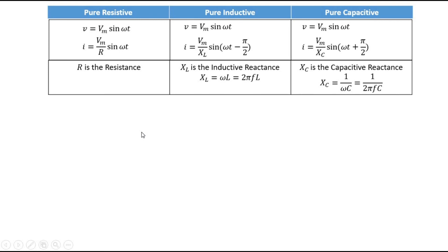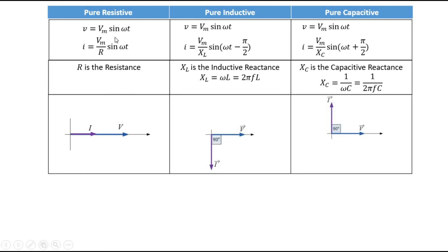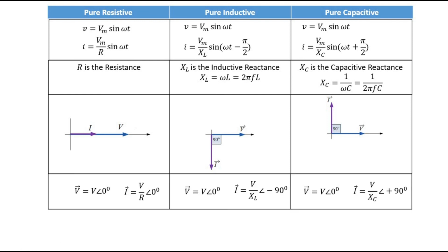Comparing the phasors, in the pure resistive case voltage and current are in phase. Voltage is V angle 0 and current is V by R angle 0. In the inductive case, I is lagging. Here current is leading: V by Xc at plus 90 degrees.